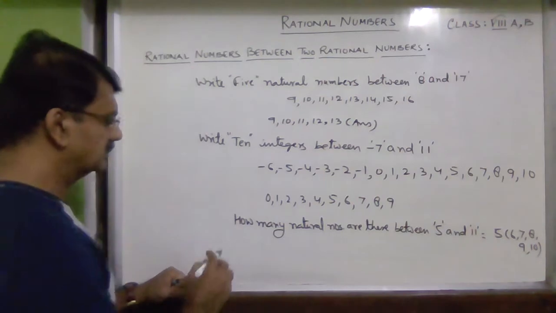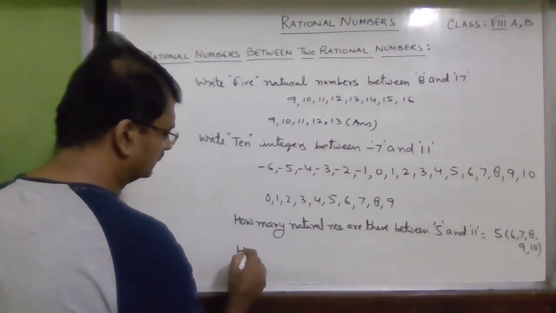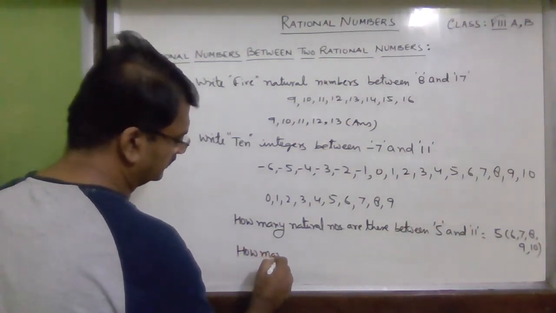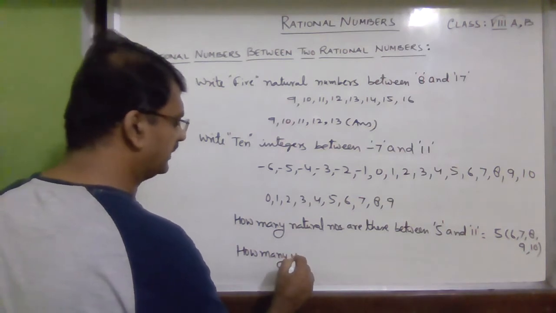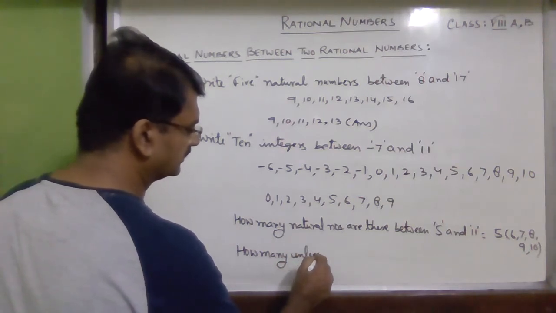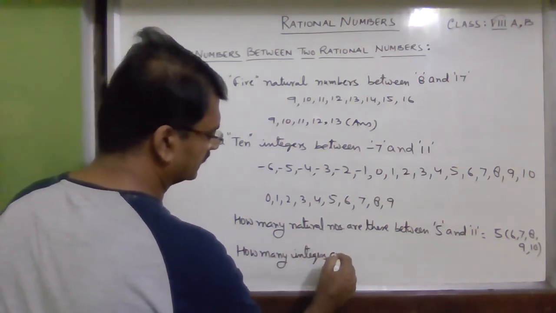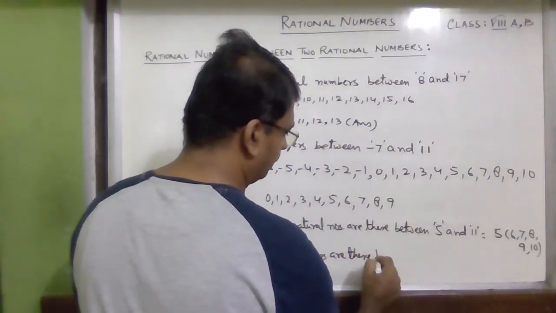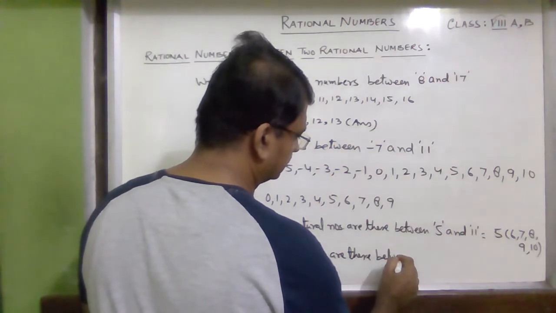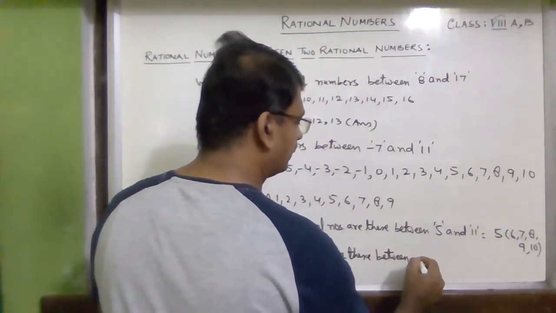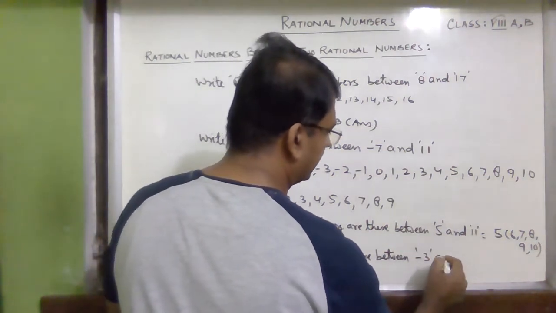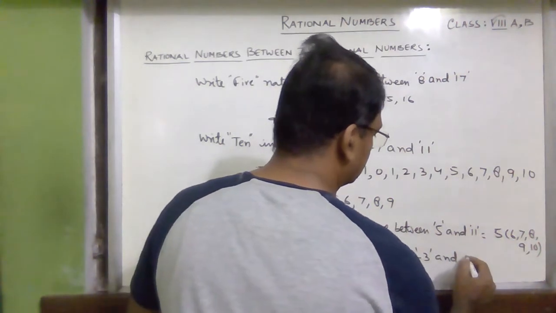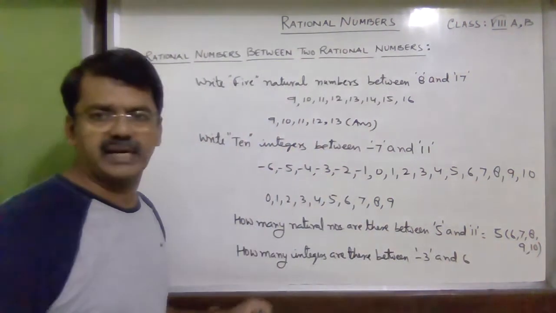Okay. Now, how many integers are there between -3 and 6?